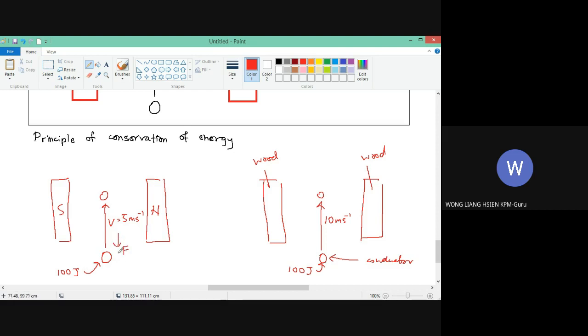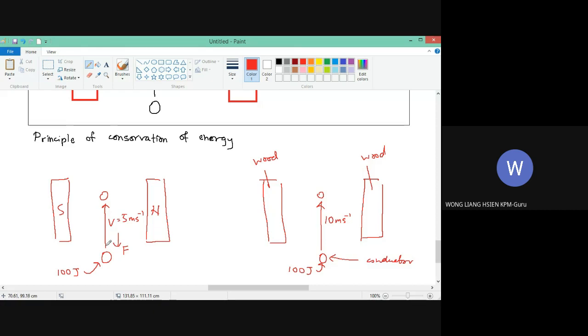You will feel an opposing force that makes the movement of the conductor slower when you pass through the magnetic flux. That means this one, when you push the conductor through, you don't feel something push back. But this one, you feel something push back.